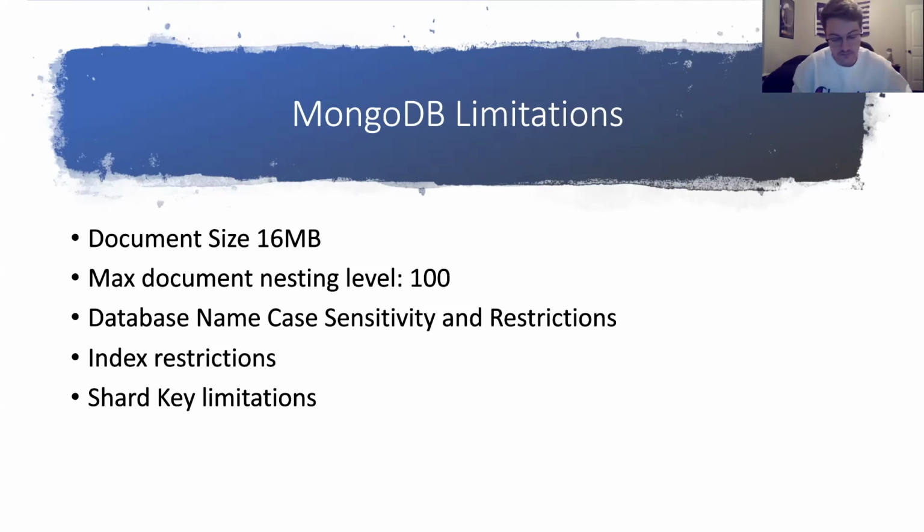And also database names have some restrictions. They cannot contain periods, spaces, quotes, or $ signs. And the name also must be fewer than 64 characters, and it can't be an empty name. Collection names also have the same restrictions.